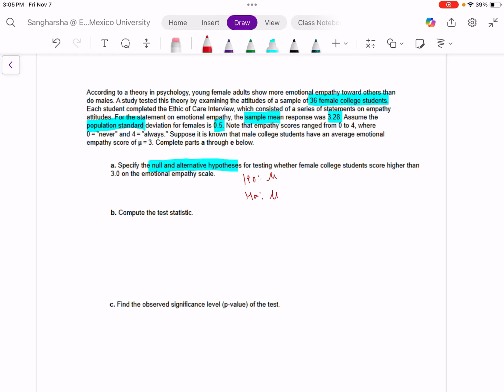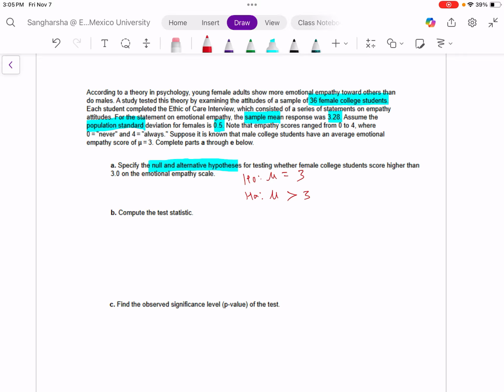We want to test whether the female college students score higher than 3.0 on the emotional empathy scale. Higher means greater than, so we want to test mu is greater than 3. Our null hypothesis would be mu equals 3.